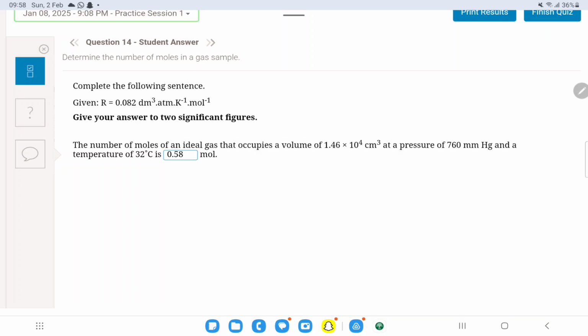The number of moles of an ideal gas that occupies a volume of 1.46 times 10 to the power of 4 centimeter cubed at a pressure of 760 millimeter Hg and temperature 32 degrees is... So we use one equation, PV equals nRT, and 760 you divide by 760 again to get 1 atm.